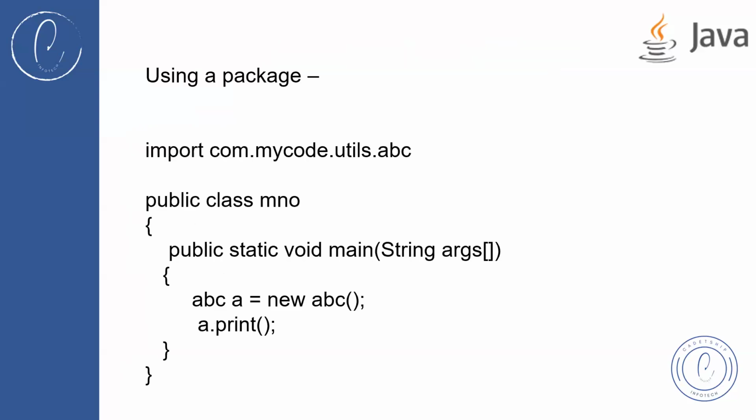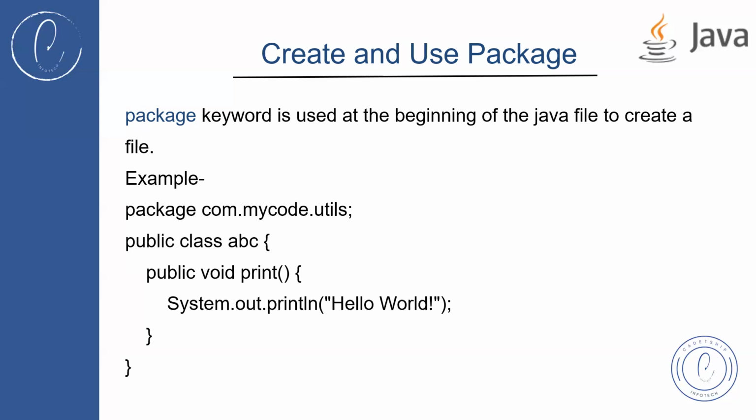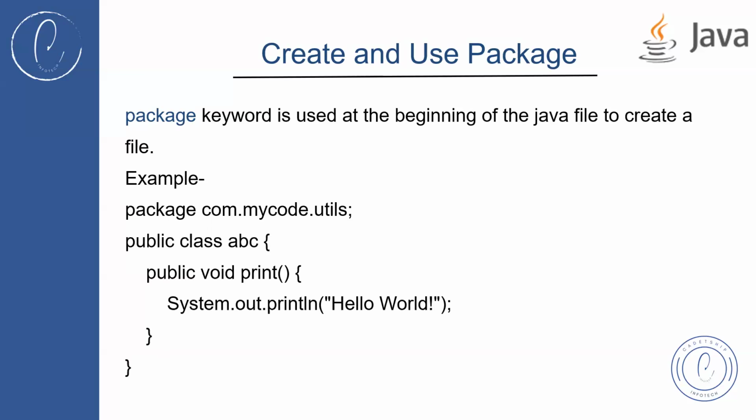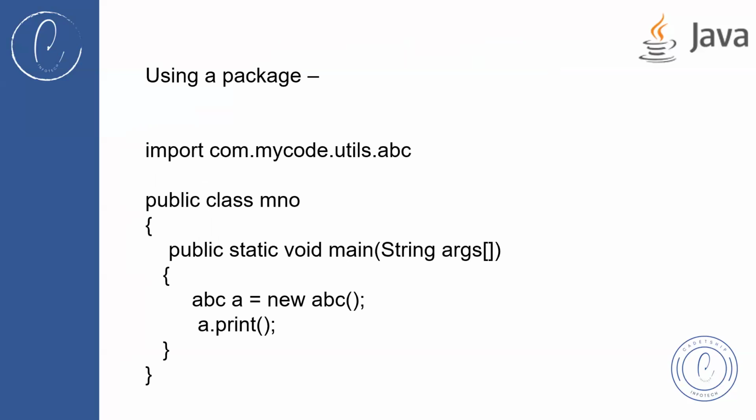So how do we use a package? Now we have created a package here. The package name is com.mycode.utils, and then we have defined a method here called print, which prints hello world. Now I want to use that package. This is my package name and I want to use the class ABC. How am I going to import it?